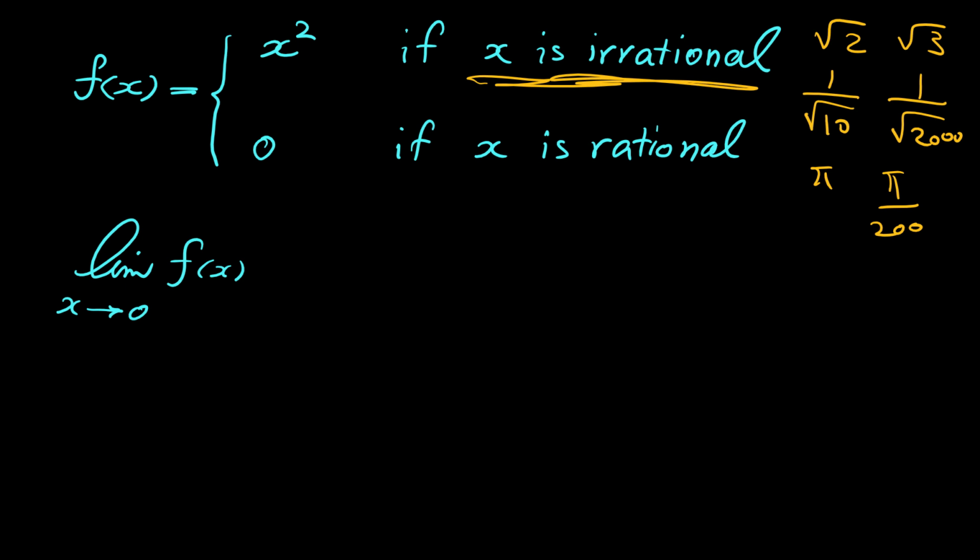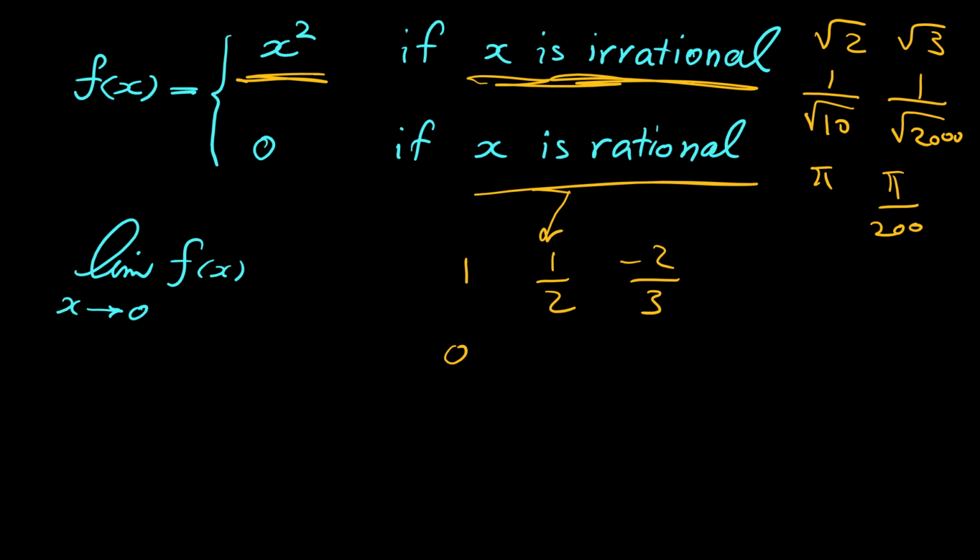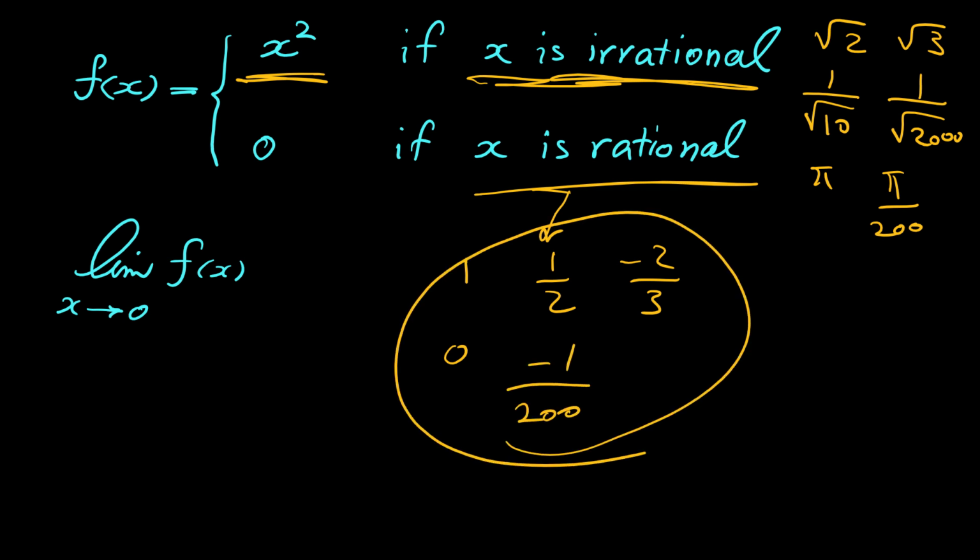If x is these types of numbers, then the value of the function f is x to the 2. But if x is rational, like 1, 1/2, negative 2/3, 0, negative 1 over 200, for these types of numbers, the value of the function is always 0.